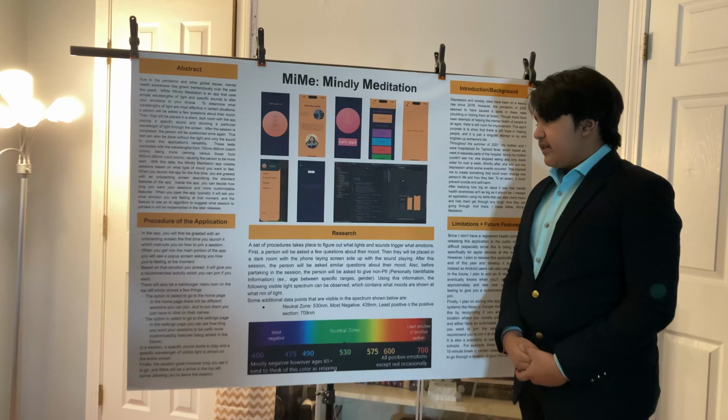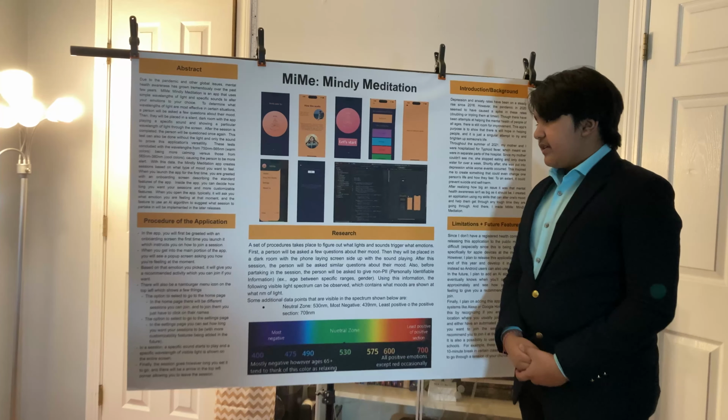this, and this. And here is a screen recording of the Xcode project, and here I'm going to the main storyboard. Now I'm going to the onboarding storyboard, and here I'm about to run the app, and you can see Welcome to MiMe Mindly Meditation, and here is the logo of the app.